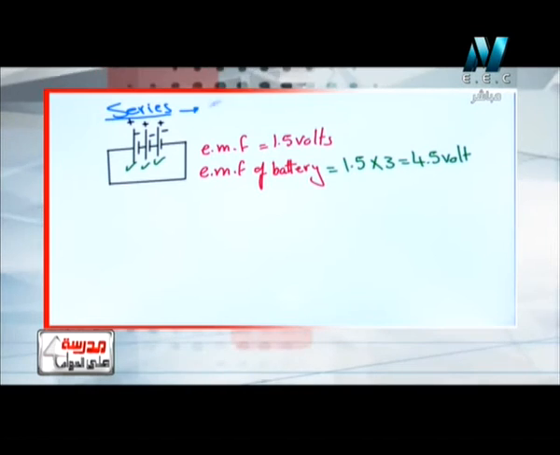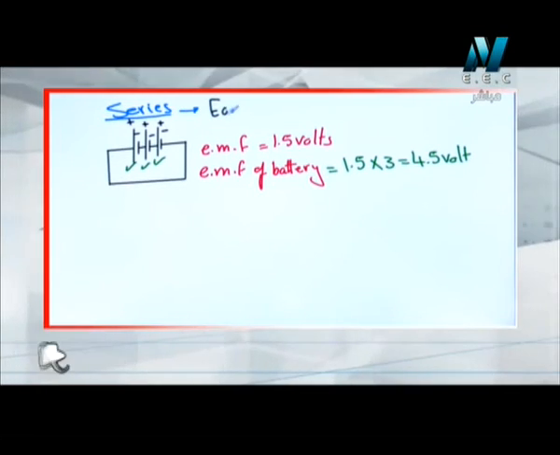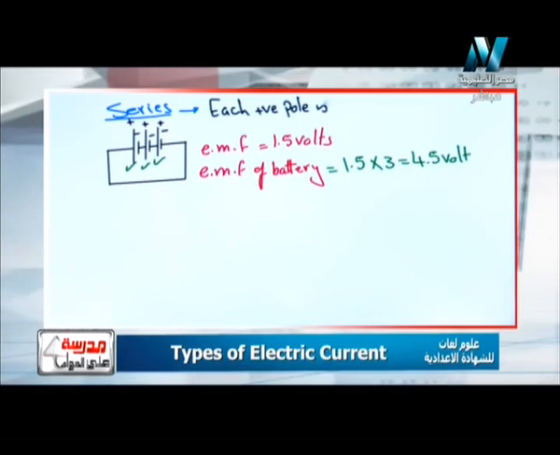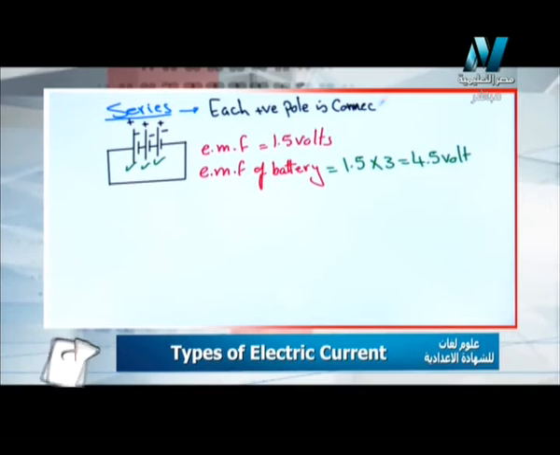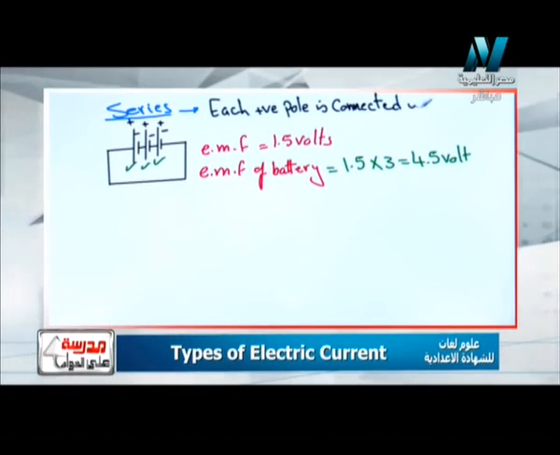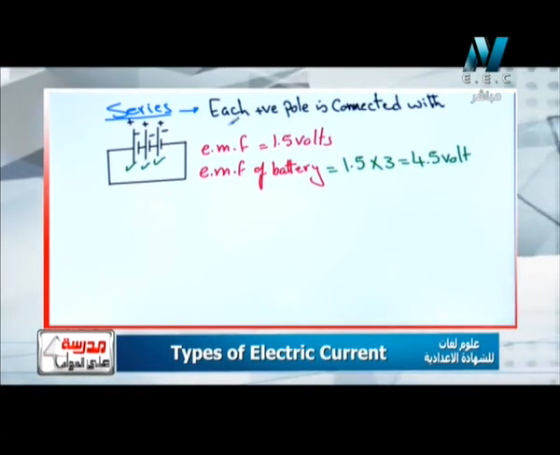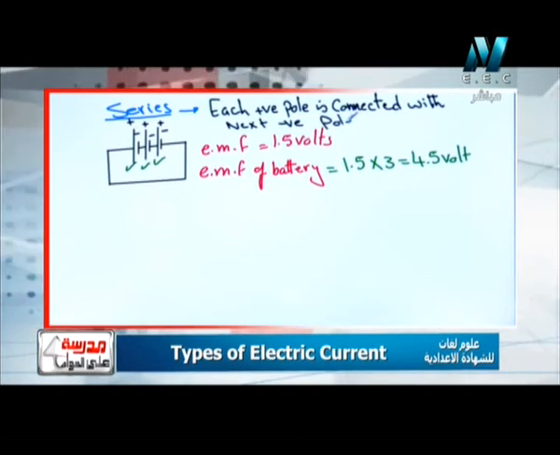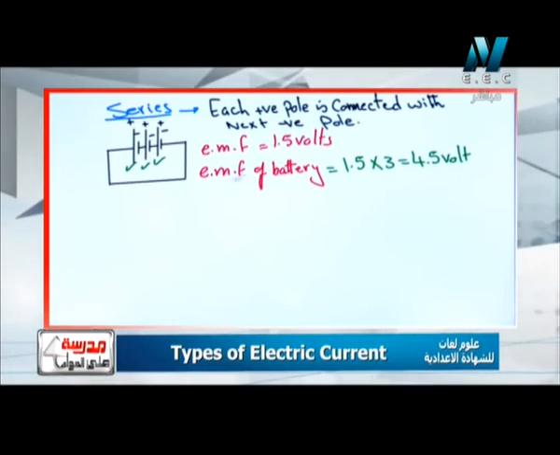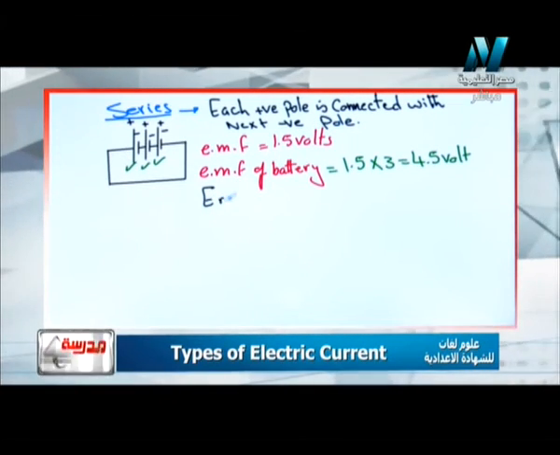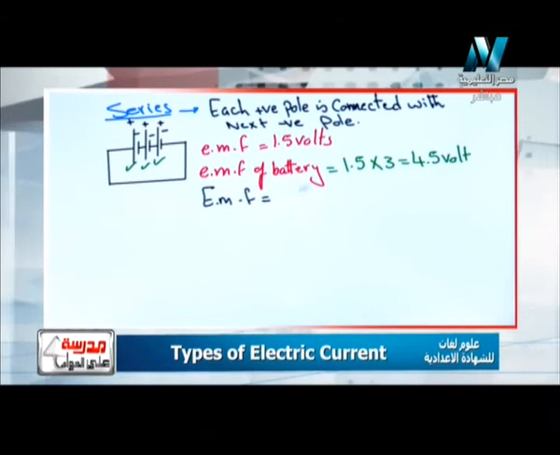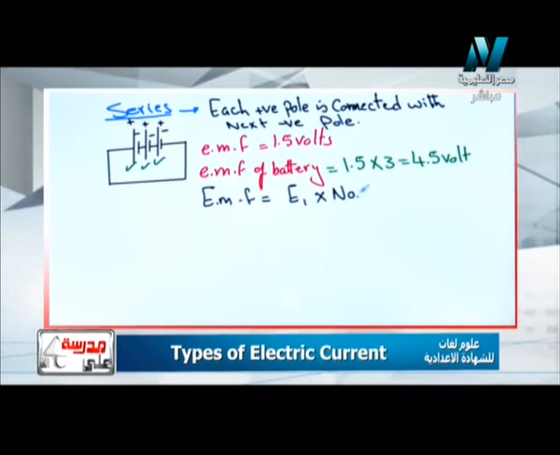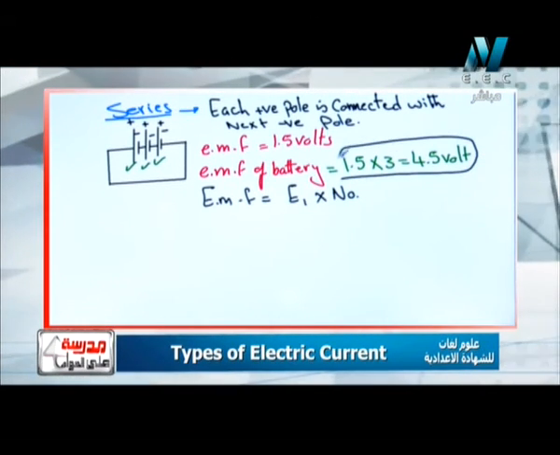So in series connection of the electric cells, each positive pole is connected with the next negative pole. So the EMF in this case equals E1 times the number of cells, as we answered in this problem.